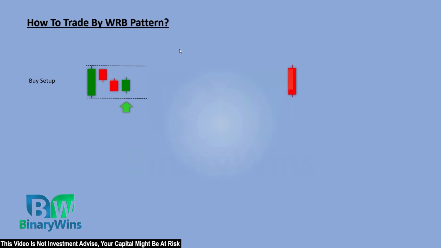In the next case, if we had a red candlestick or a WRB bearish candlestick and we drew the support and resistance for the lowest price and the highest price of the candle, if the second candlestick is green and the next candlestick is again a red candlestick inside the body of the first candle, let's enter the higher trade on the fourth candle in the time frame of 1 minute.